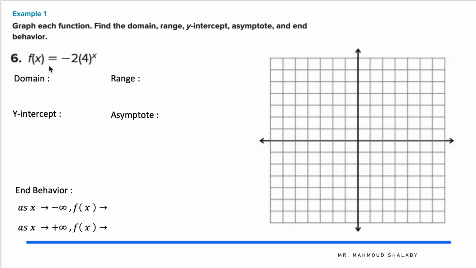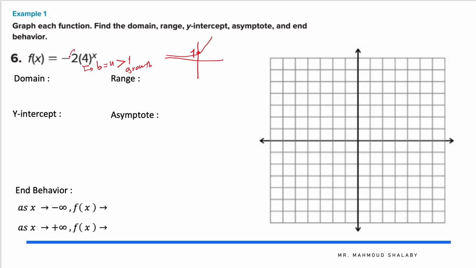Alright? What if I have a question like this including a negative sign? If you remember, if we ignore the negative 2 now, if it's 4 to the power of x, this is the value of b equals 4, the base greater than 1. It means it represents growth, which means the graph should look like this, passing through 1.